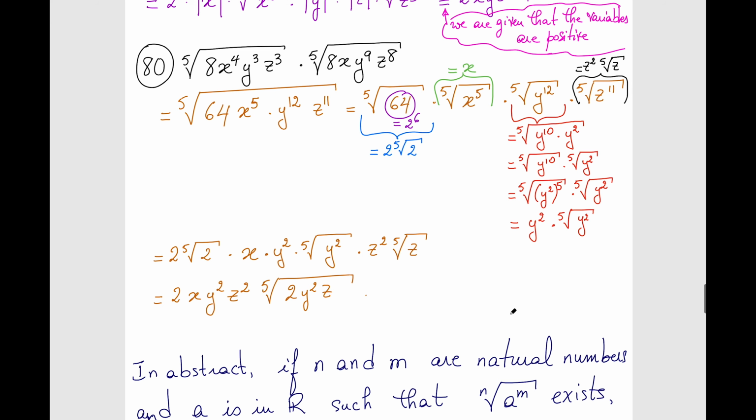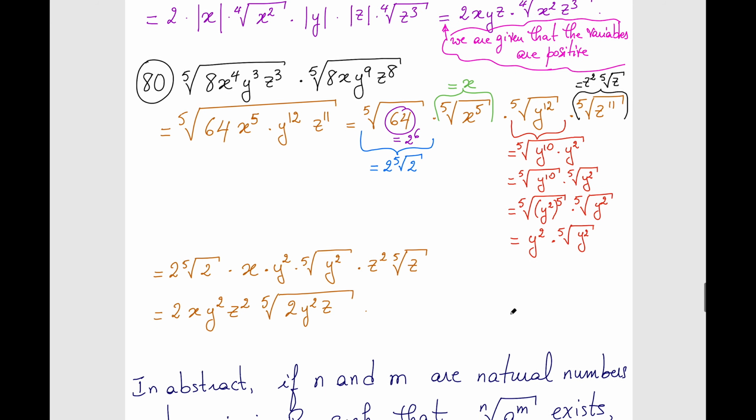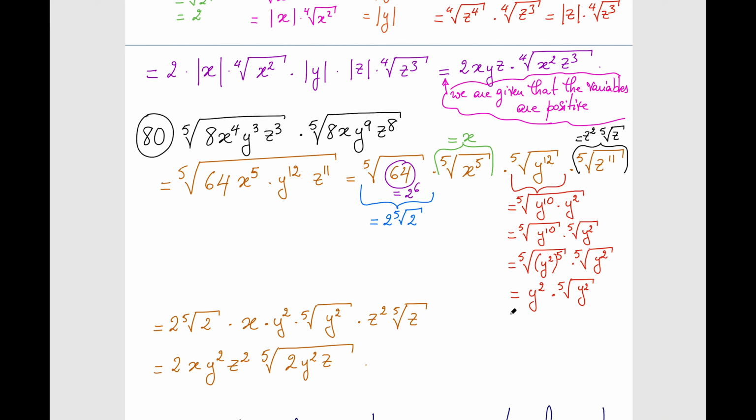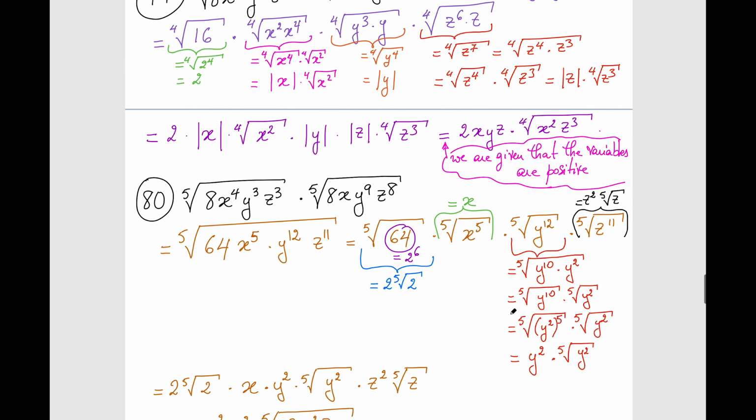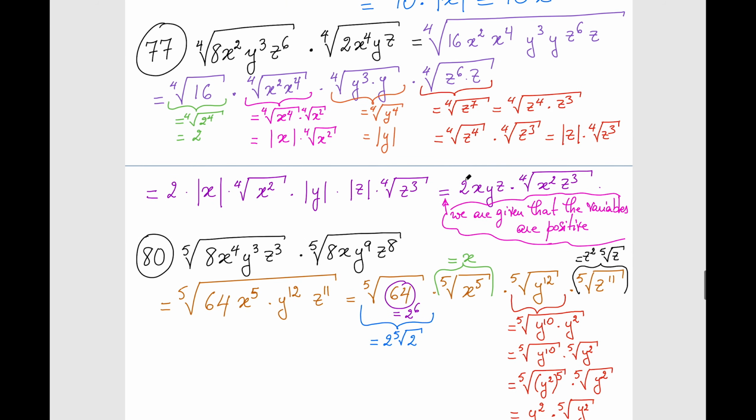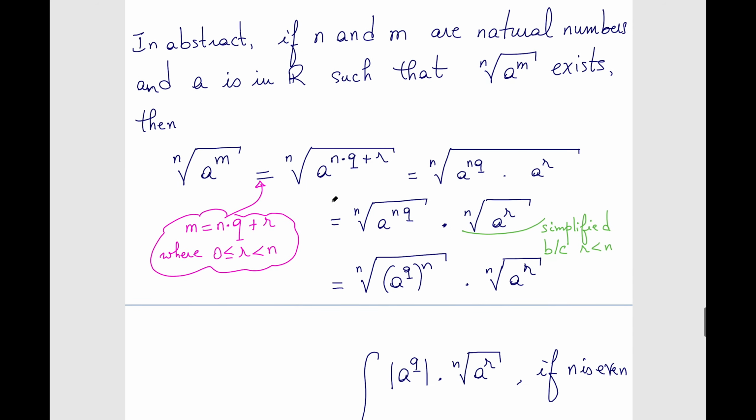So we get this, and so on and so forth. We can use many earlier examples, and maybe one more with n even. How about the fourth root of z to the 7. So n is 4 and m is 7.